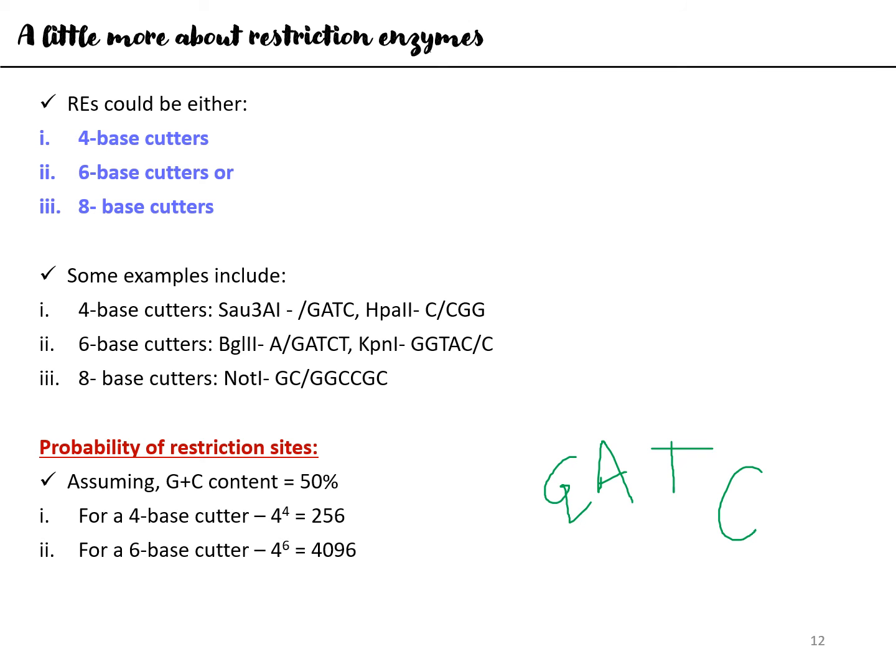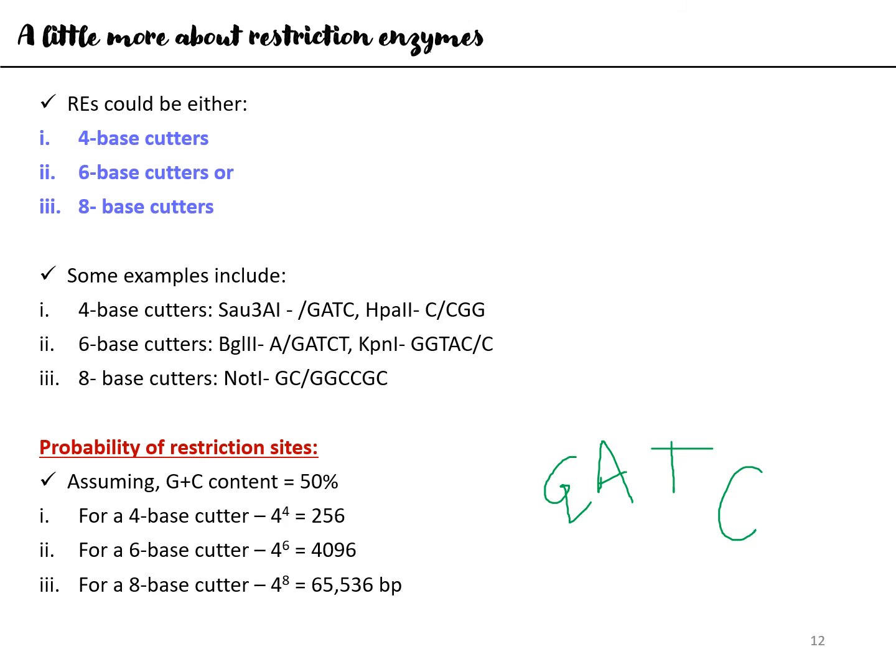Similarly, for a 6-base cutter, it is 4 raised to the power 6, that is 4096. And for an 8-base cutter, it is 4 raised to the power 8, that is 65,536 base pairs. So the longer the recognition sequence, the lower is the probability of its existence and the further apart it would be.